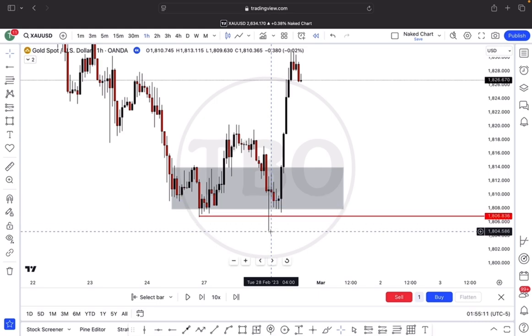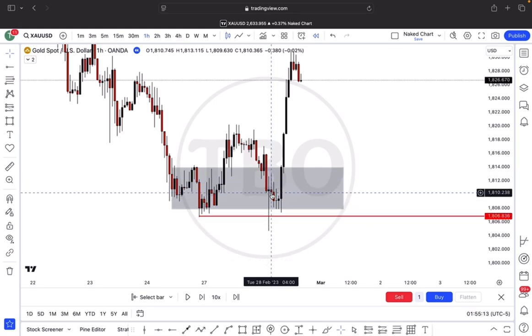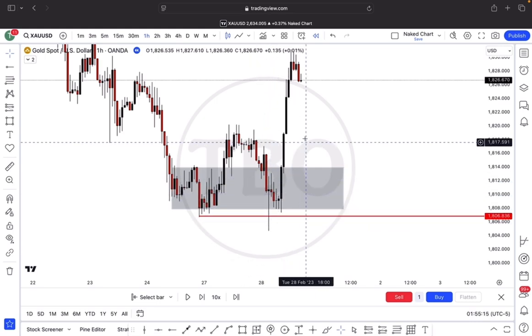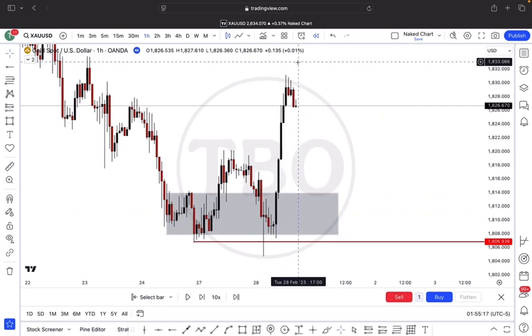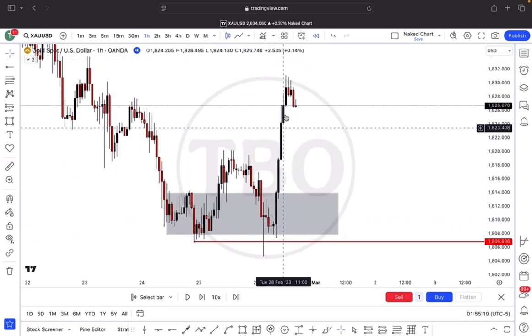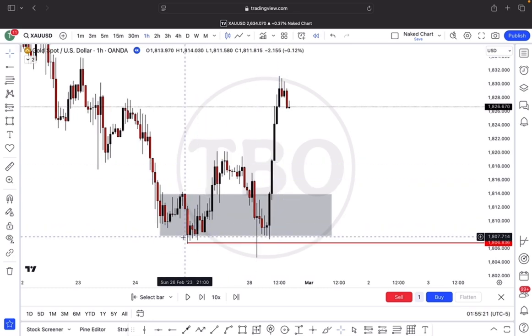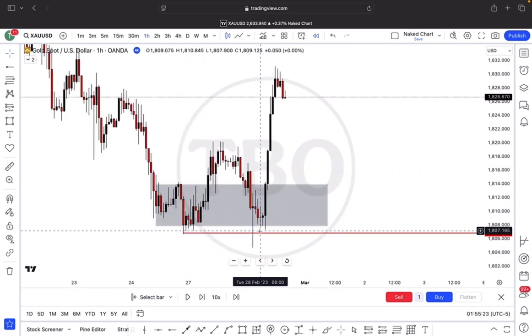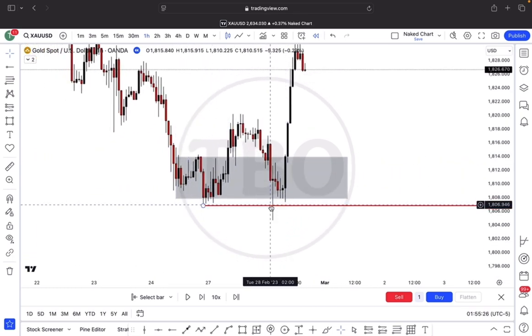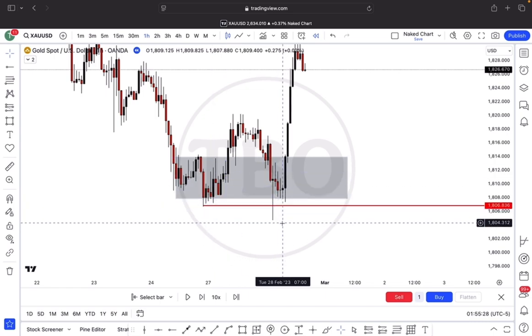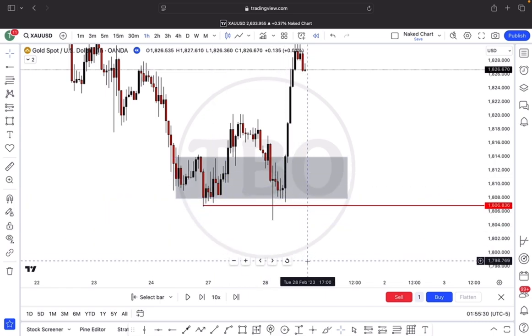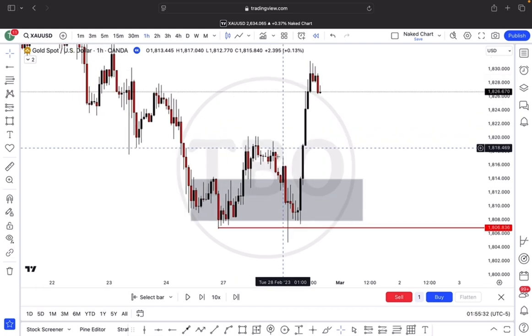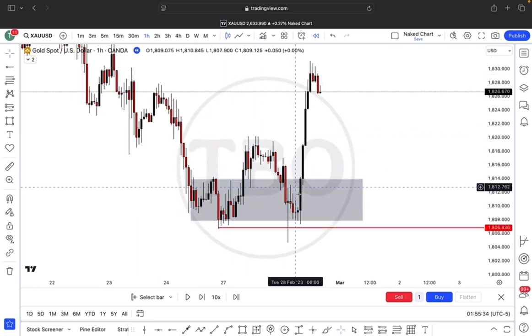It wicked and came back into the zone, and then it rallied off. So that zone was indeed respected. We didn't have a shift or a break of structure to the downside.